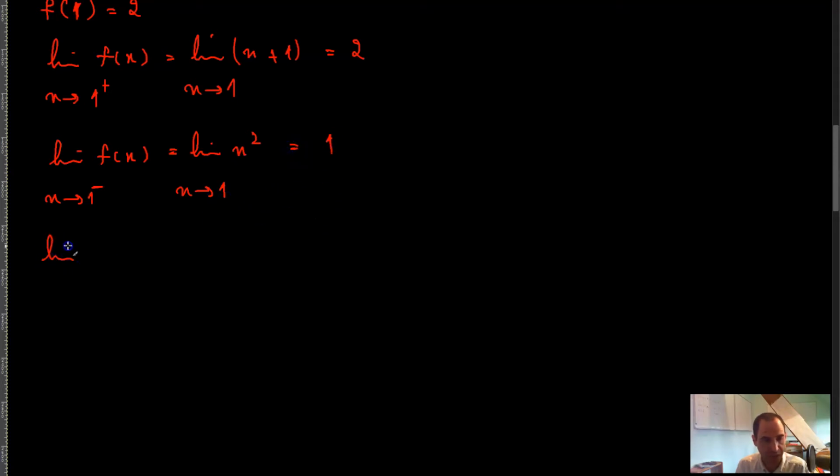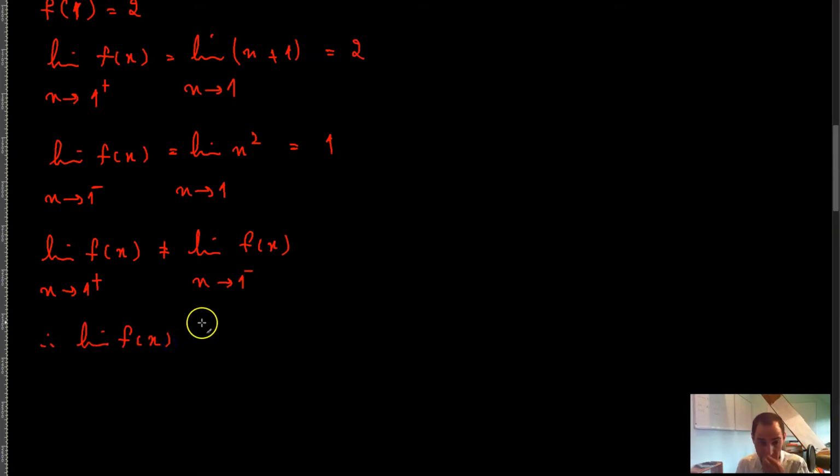And as you can see, the limit of f of x as x tends to 1 from the right is not equal to the limit of f of x as x tends to 1 from the left, and therefore the limit of f of x as x tends to 1 does not exist.